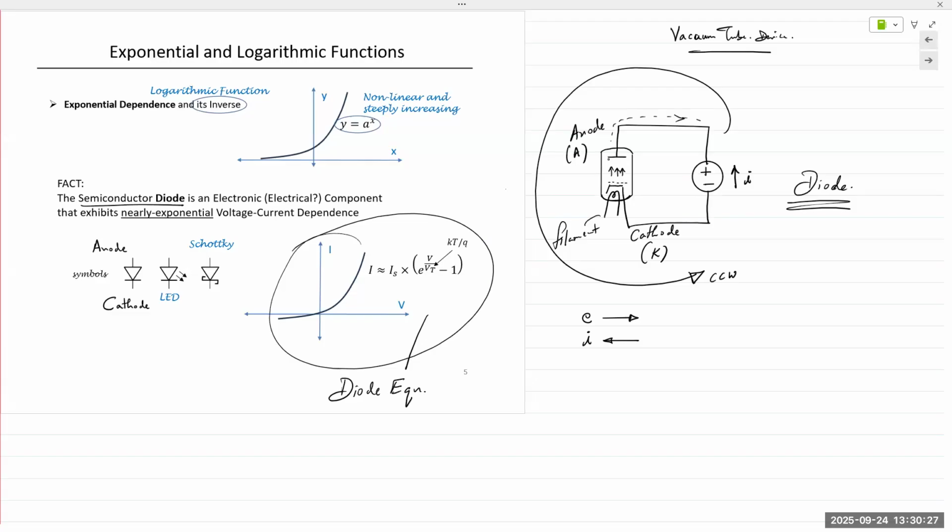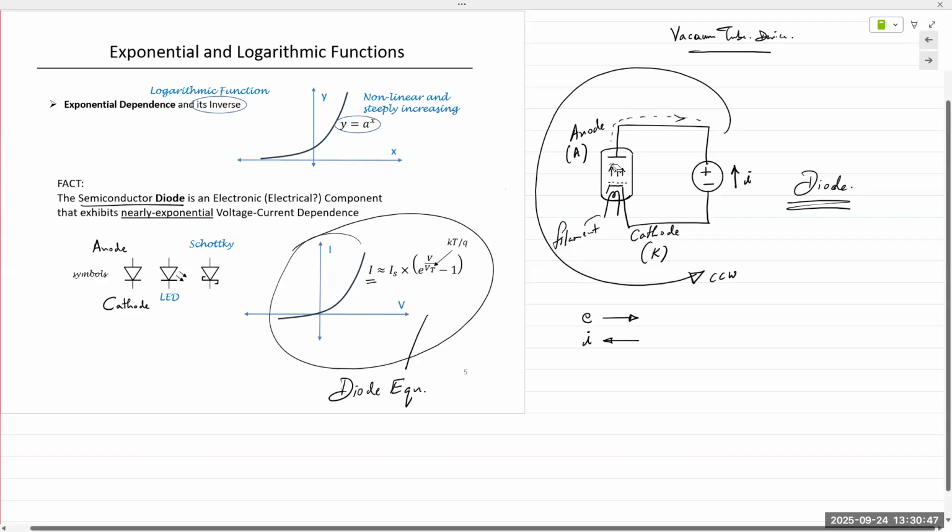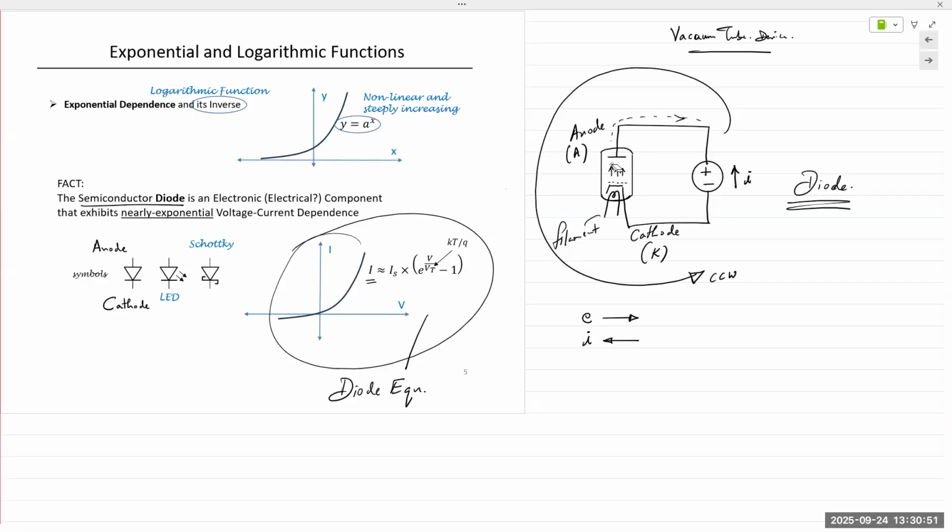Okay, and you can see the diode equation represents the diode current, and it's approximately given by the exponential of the diode voltage V. So the current of a diode, or even of a transistor, depends on the exponential function of the voltage across that diode.